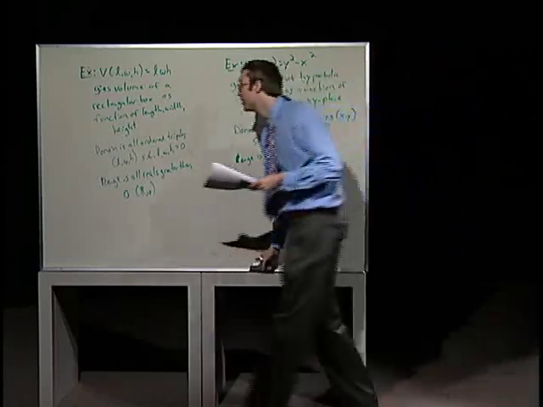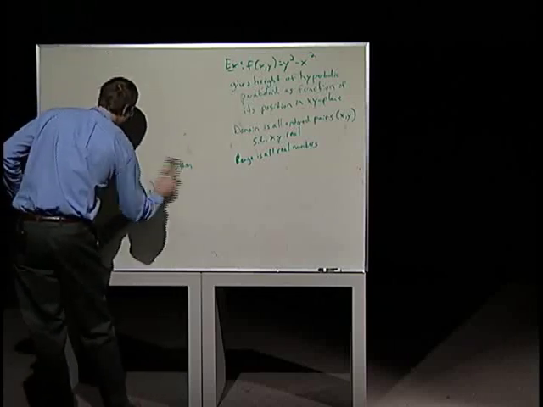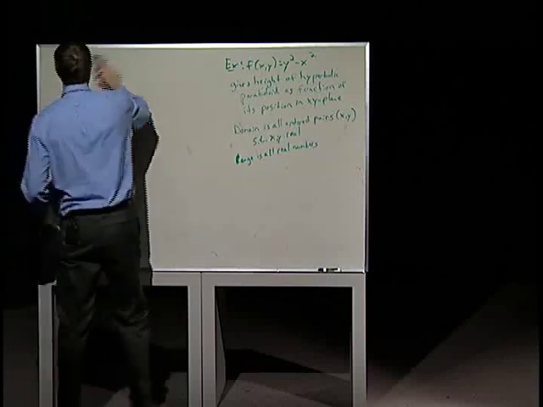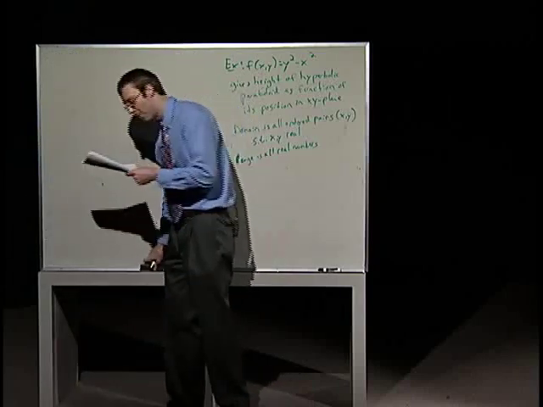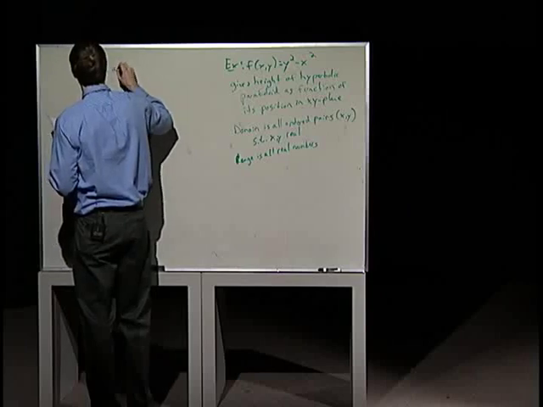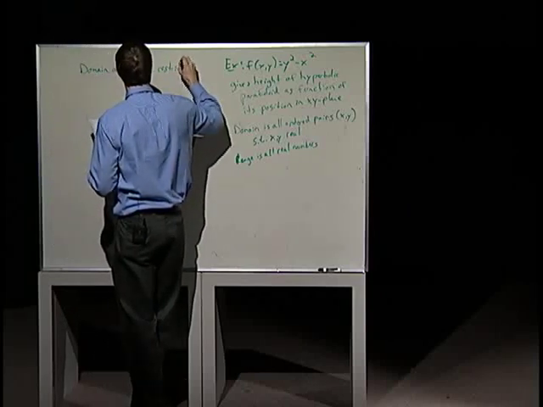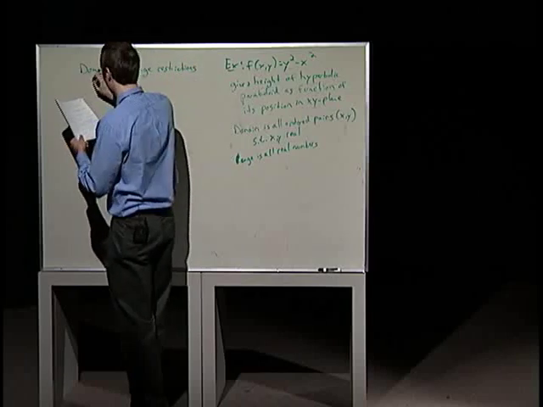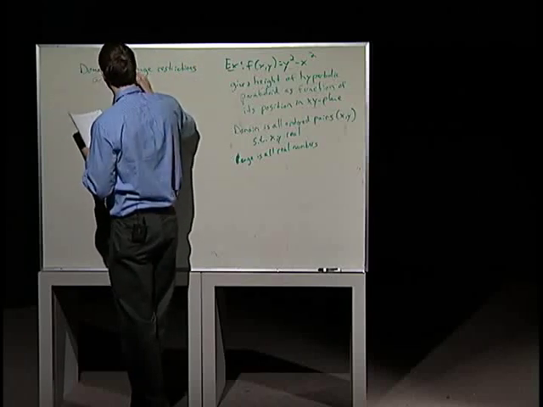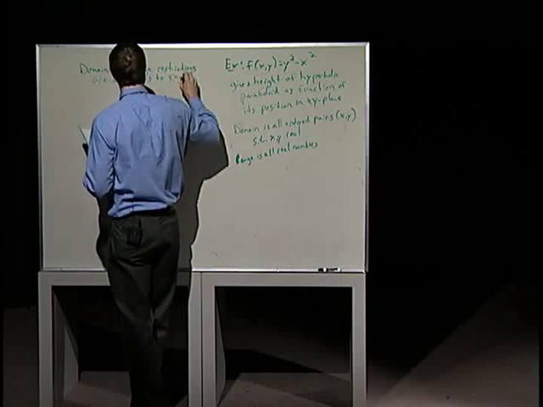Okay, so let's talk more about domain and range for a minute. We're going to see that they are completely analogous concepts to functions of a single variable. So domain and range restrictions are analogous to the single variable case.